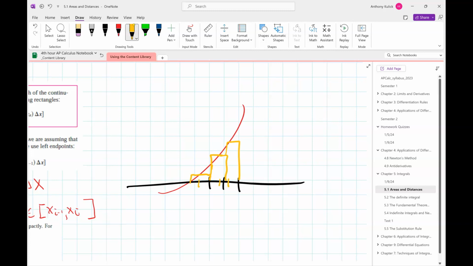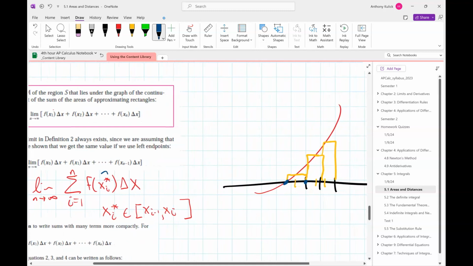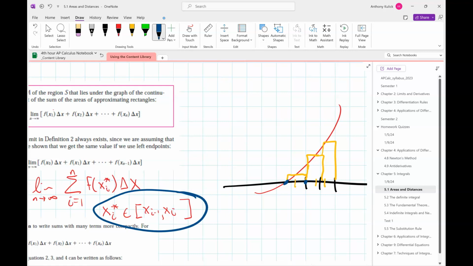So what was the difference between this and the blue rectangles you just drew? Before we were always using either the start or the end of the subinterval. Now you're saying any point in the middle is fine. So what does the notation say? That's what xi star means, any point in between those two endpoints. And what does the big backwards Z mean?